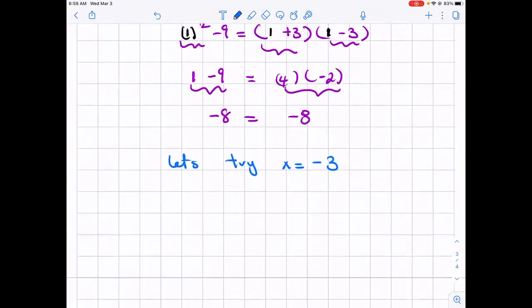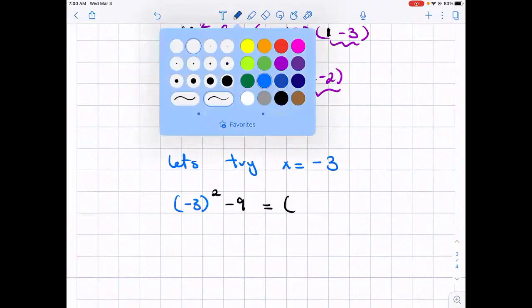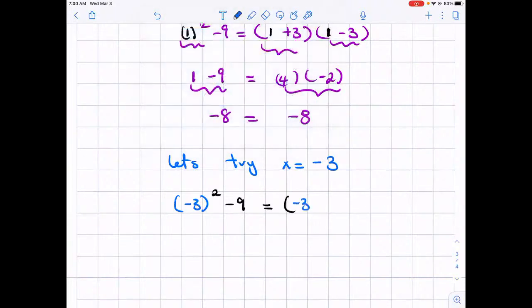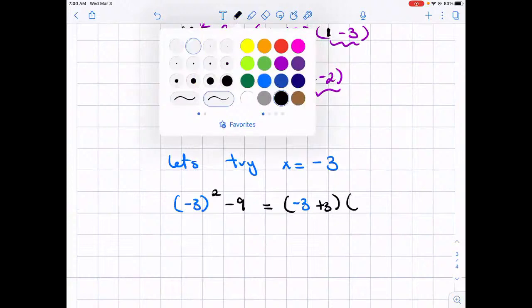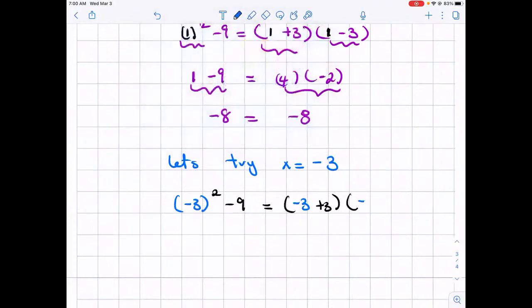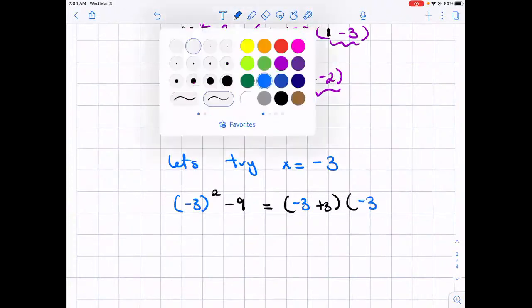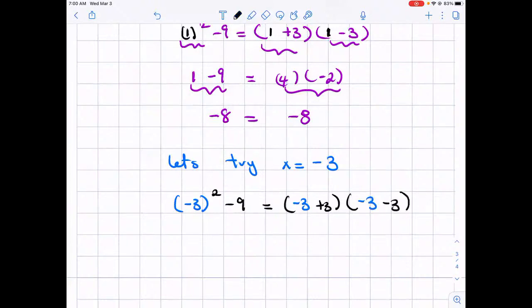So we have minus 3 squared minus 9 is equal to minus 3 plus 3 times minus 3 minus 3.